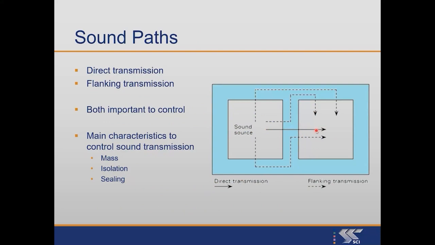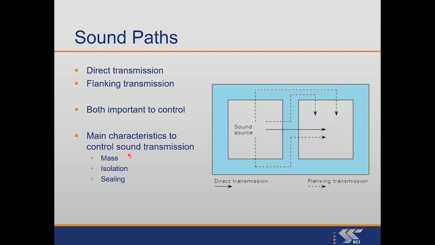But you can also have various flanking transmission paths, and that's where sound may travel through different elements of the construction into the source or into the receiving room. So not directly through the separating element.